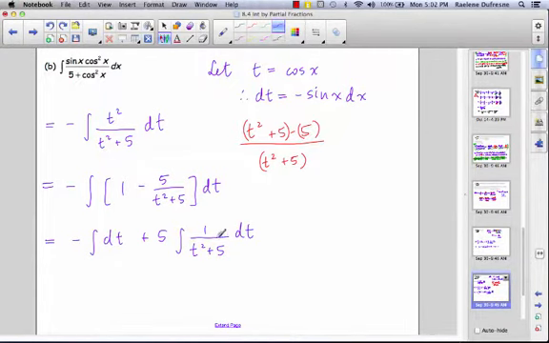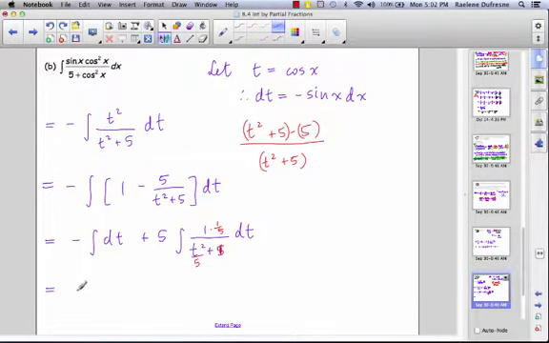The second one, we should be able to recognize it reminds us of a basic antiderivative. If we can't be reminded by the basic antiderivative, then we need to review the basic antiderivatives. What I'm going to do is get a 1 in this position, so I'm going to multiply the top and the bottom by 1/5, which is going to give me 1/5 over t squared over 5 plus 1. That 1/5 numerator will come out and join with the times 5.